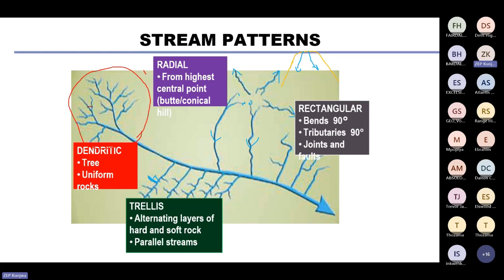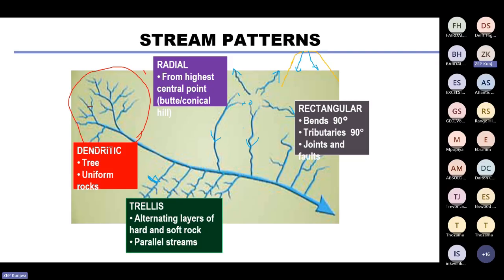You see? Now, if you're looking at this, you're obviously looking at a hill or a conical hill. You still remember conical hills from grade 11. So landforms like that are going to give you the radial stream patterns. The opposite of the radial stream pattern is going to be a centripetal.